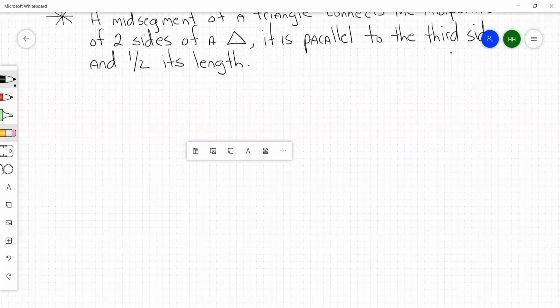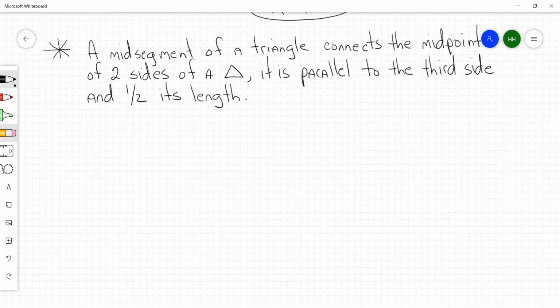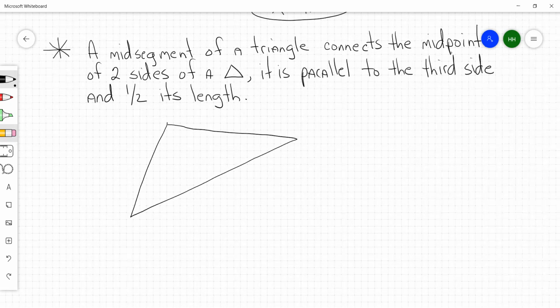So here's what a picture of that would look like. Got a triangle. Put a point in the middle of A and B, best you can. We'll call it D. And then put a point in the middle of AC, the best you can.